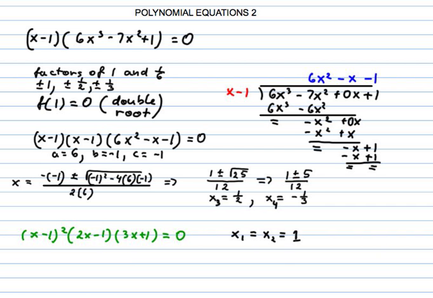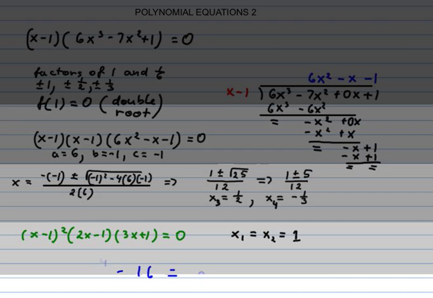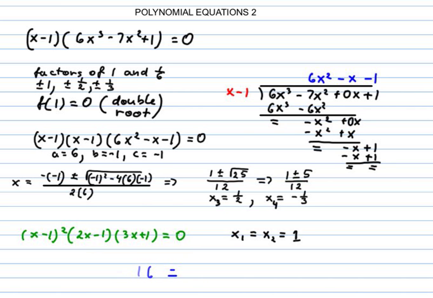For example, I may have x to the power of 4 minus 16 equal to 0. So this is why you would have 4 roots here, and no complex roots. I cannot have 3 real roots and 1 complex root. This is impossible in the set of real numbers. So this is not possible.